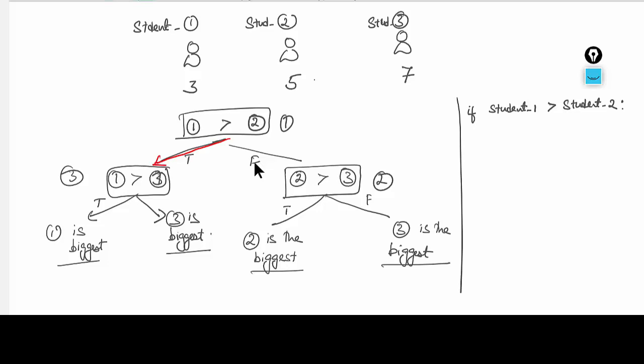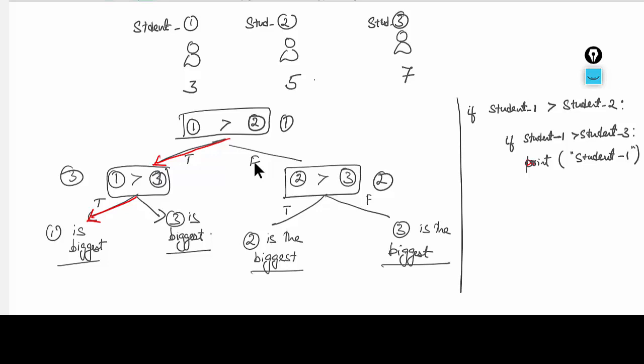If it is true, then if student underscore 1 greater than student underscore 3, this is the second level of check. If it is true, then we are looking at this level again, right? Then print student underscore 1 is the biggest, okay?